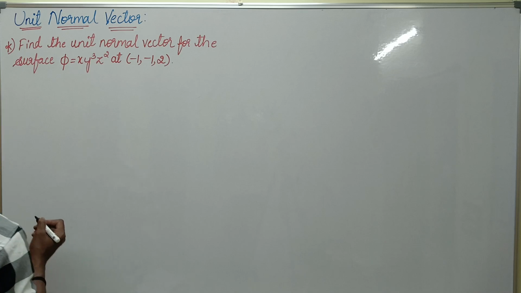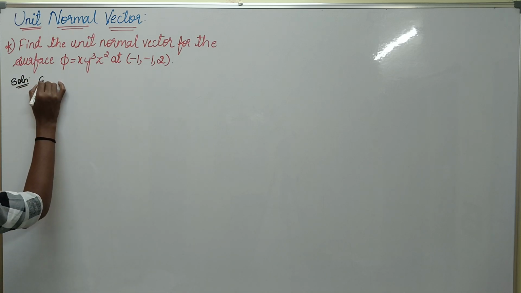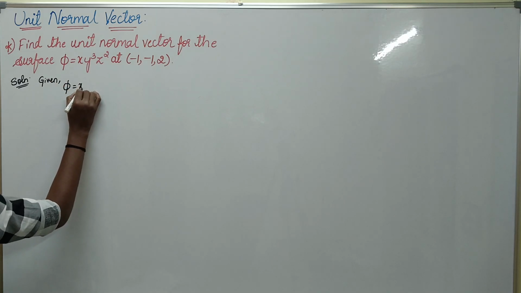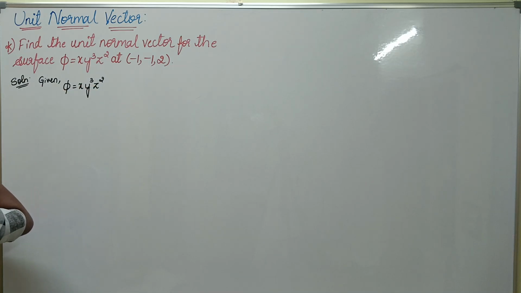First, consider the given phi, which is equal to x y cube z square. Okay, done.